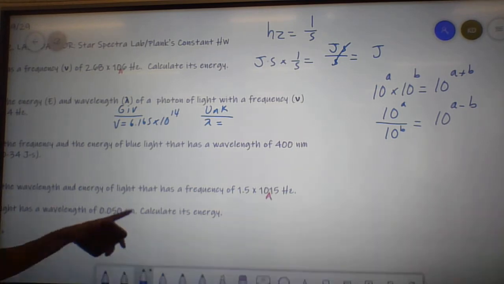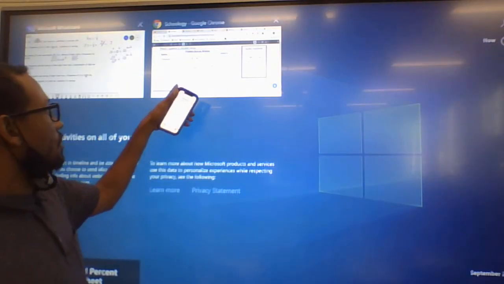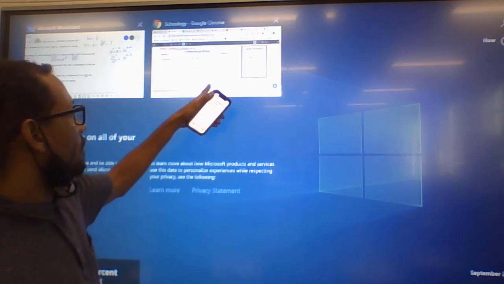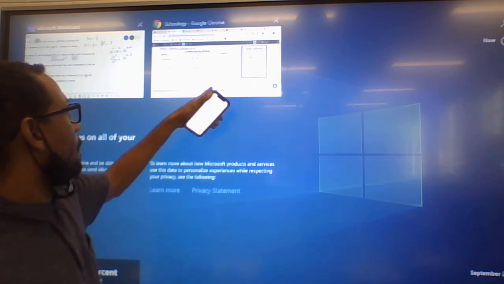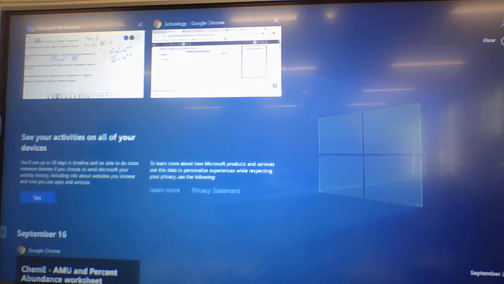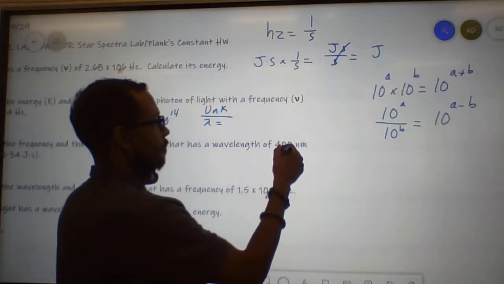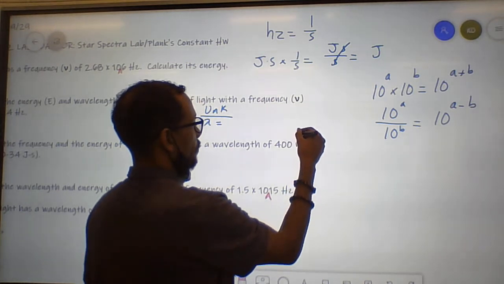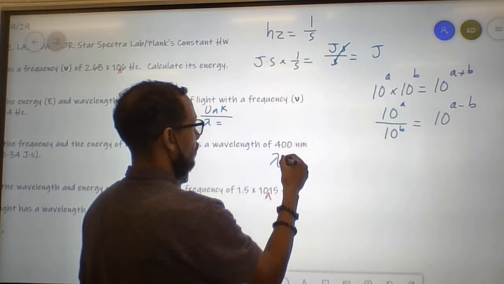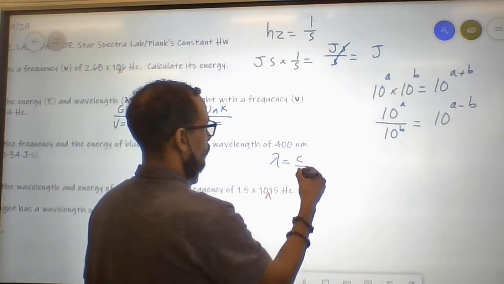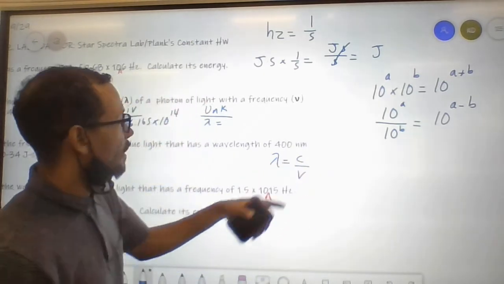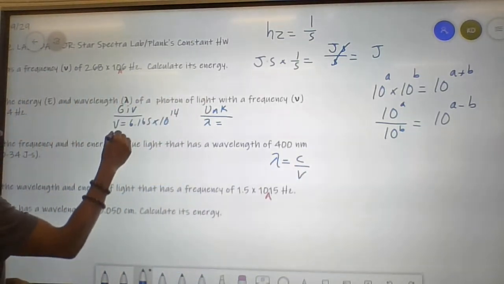For wavelength, we're going to be looking at this equation. Wavelength is equal to C over V. C is a constant. That's going to be my speed of light.